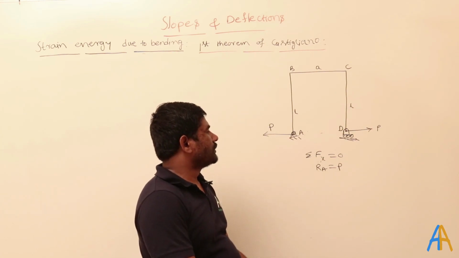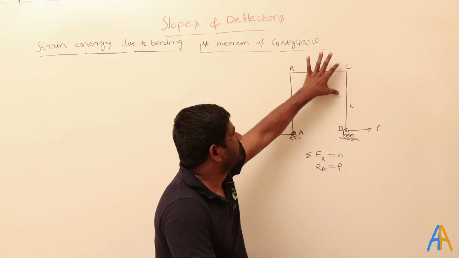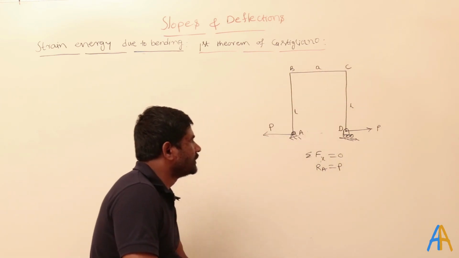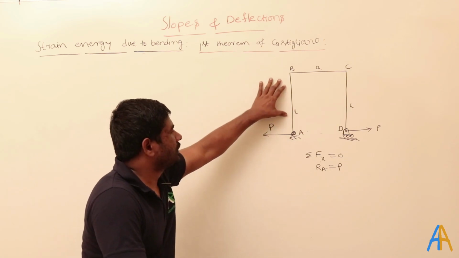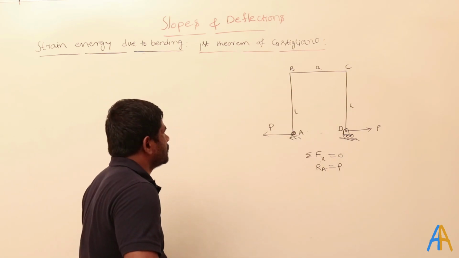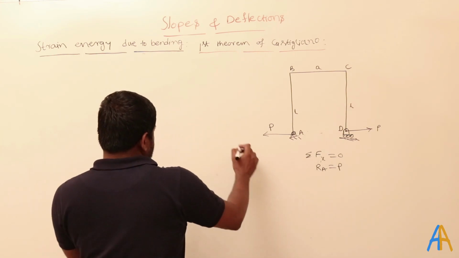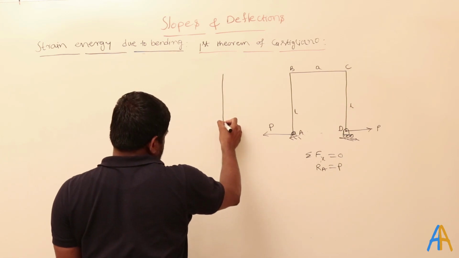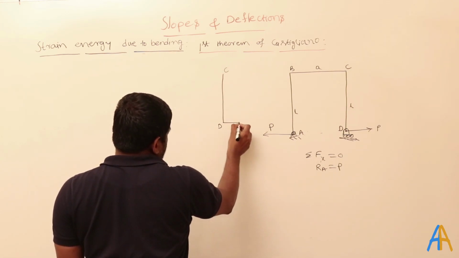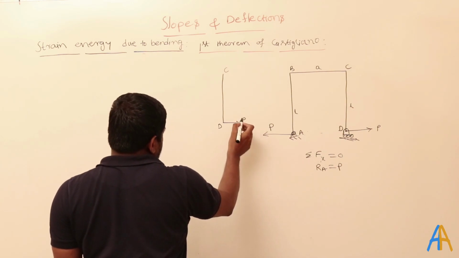And here if you observe, the beams AB and DC are subjected to the same type of forces and are identical. That means whatever strain energy is produced in AB is equal to the strain energy produced in DC. So if I break this, this is C and this is D here, and the amount of force acting is P here.